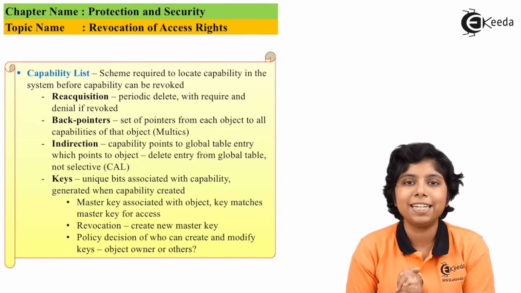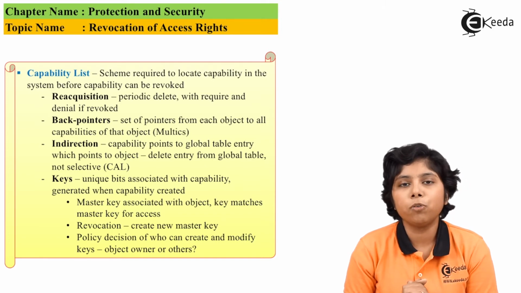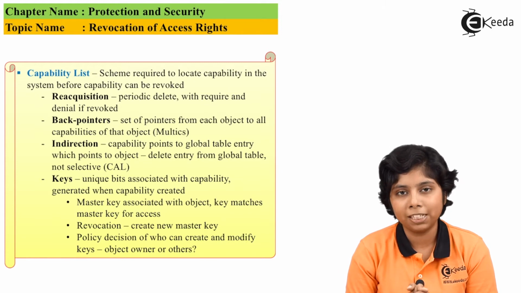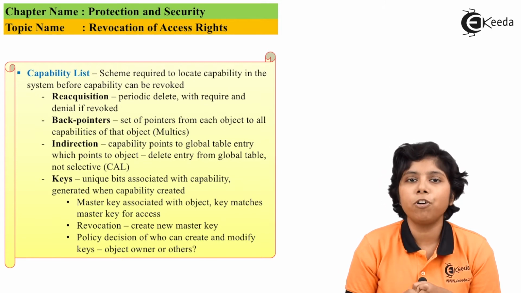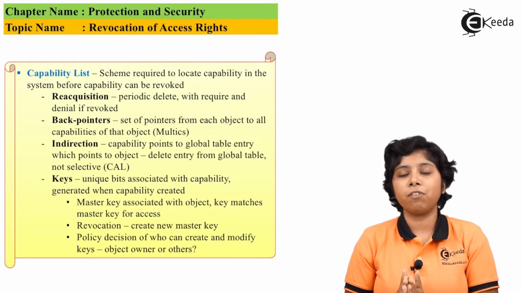The next scheme is the key scheme. As we have already described, the keys are a unique bit pattern associated with each of the capabilities on the capability list. Now, if we want to revoke an access right, there is a master key associated with each object.